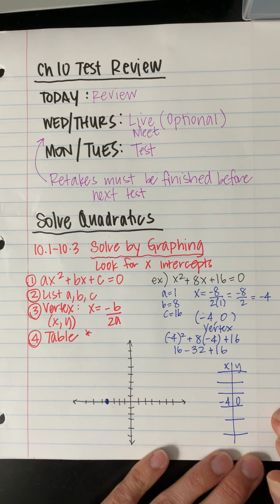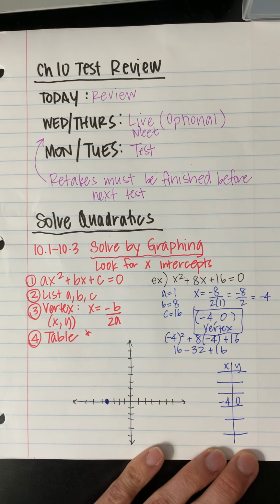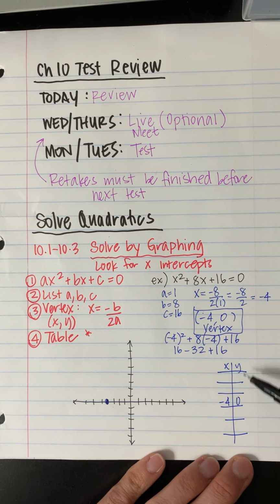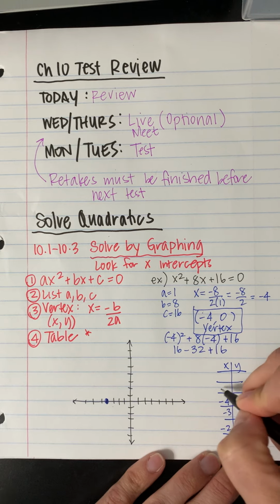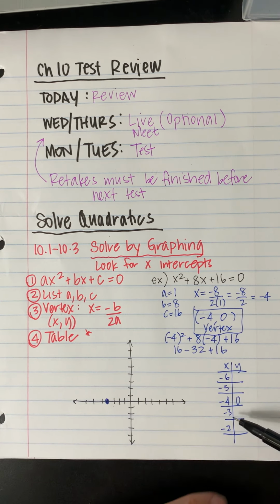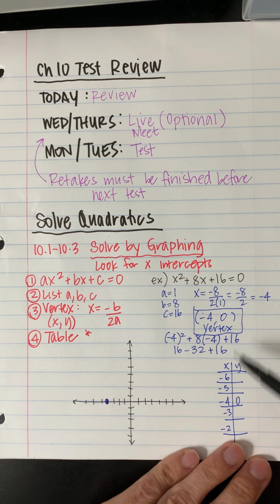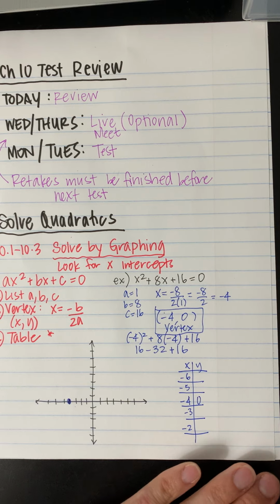So negative 4, 0 is going to go in the center of my table of values, my vertex, because everything else is centered around this point. So I'm going to use that point as my center. I'm going to pick points on either side of that. Now when I do that, I have to again substitute these values back into the original equation to find the y coordinate.